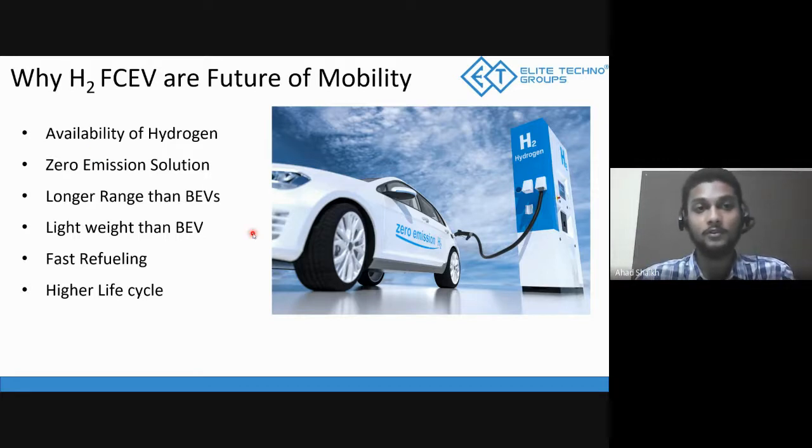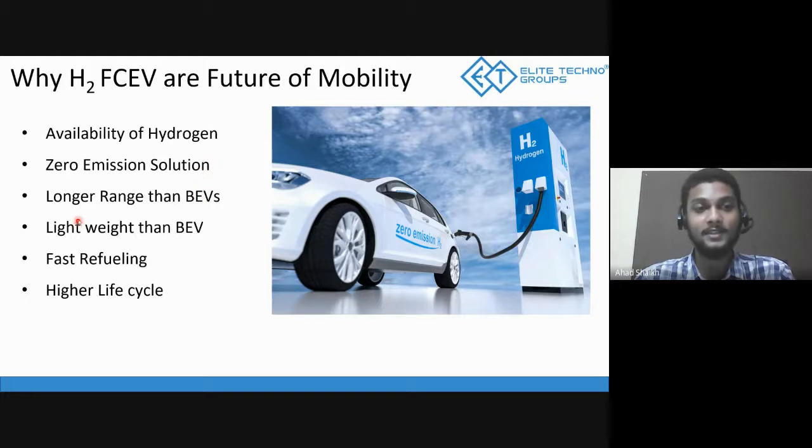So we have to be dependent on the countries which have lithium resources. But when we talk about the availability of hydrogen, it's the most abundant element on earth. We can get it from water whenever we require. That's one key reason for seeing fuel cell electric vehicles as the future. And what we are looking for is a zero emission solution, which it surely provides.